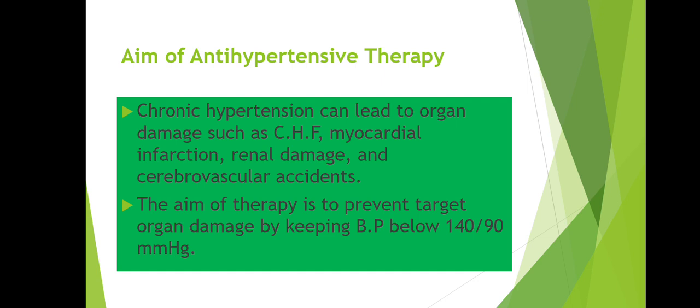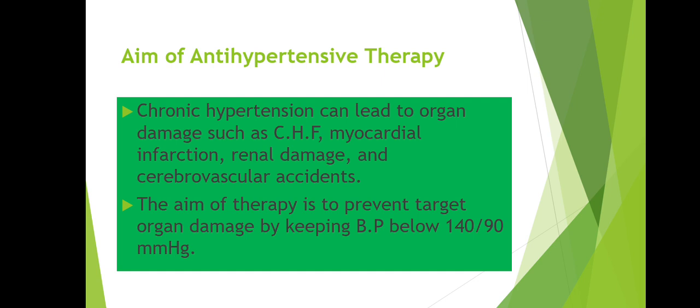We understand as health practitioners that chronic hypertension can lead to organ damage. Remember what I told you? It can lead to congestive heart failure, myocardial infarction, renal damage, and cerebrovascular accident. The other name for cerebrovascular accident is stroke.